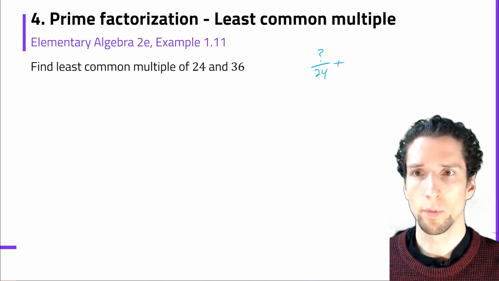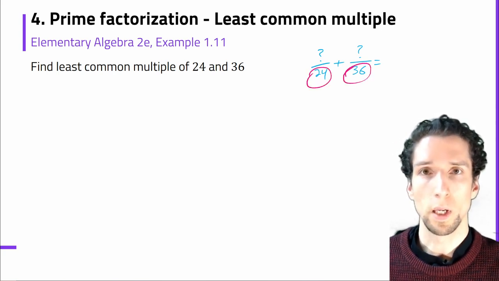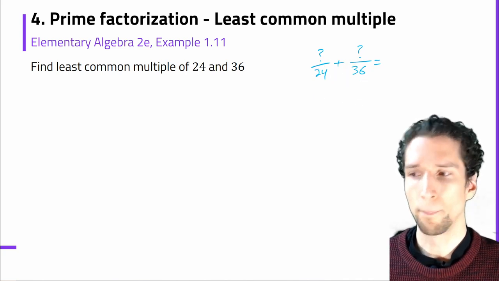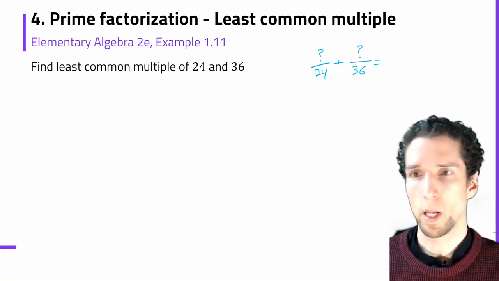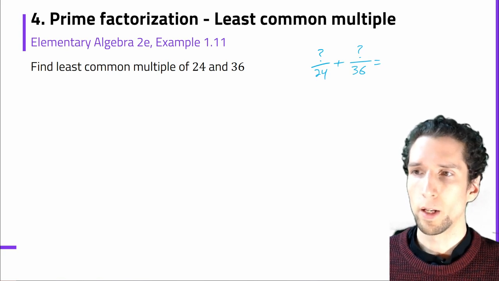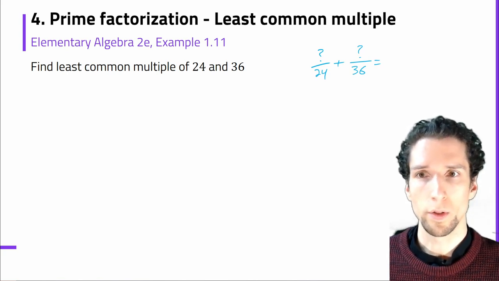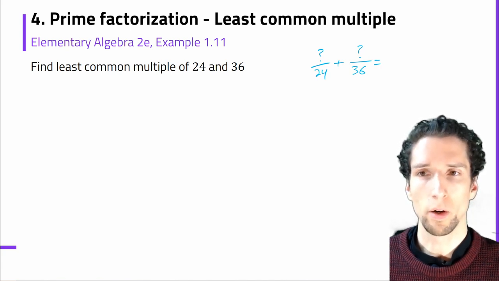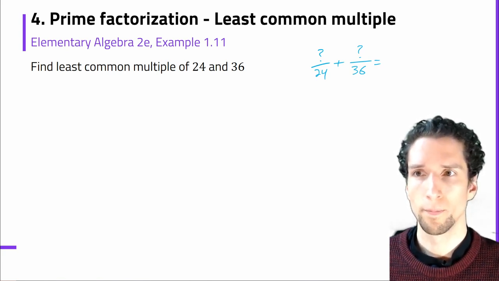For example, if we were doing addition, like something over 24 plus something over 36, we would want to change the 24 and the 36 to be the same, multiplied by the same something on top and bottom. We need a common denominator. So finding the least common multiple is very useful there. A common multiple, a common denominator for 24 and 36.